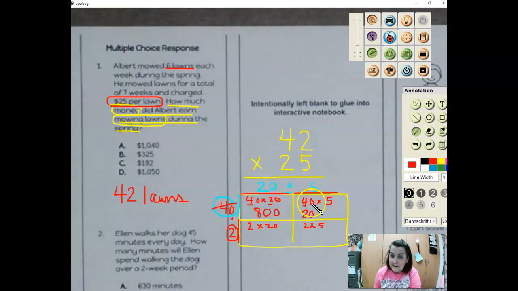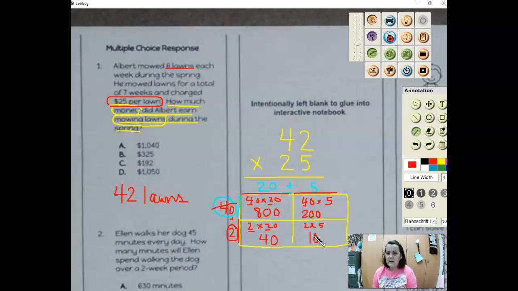And now I need to add one more 0 because there is a 0 at the end of 40. 2 times 2 is 4. How many zeros do we have on both factors? Just 1. And then 2 times 5 is 10.